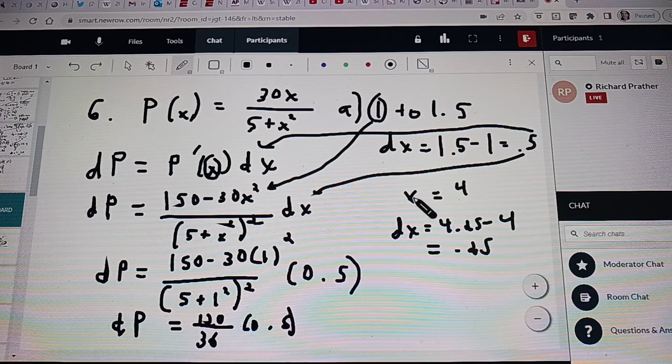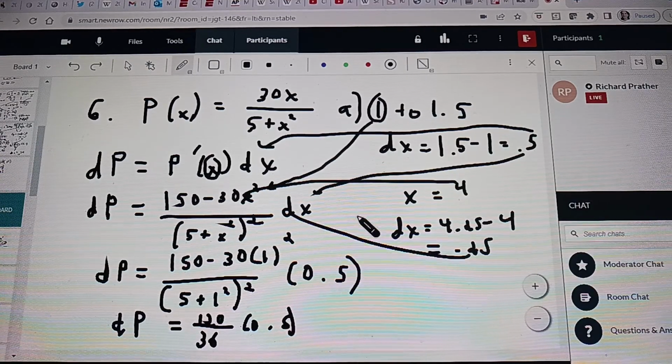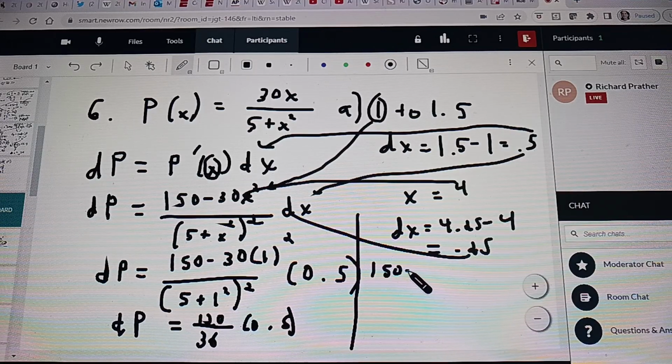So if we start when x is 4 hours and then we wait a quarter of an hour later, how much has it changed from that point? So now you plug 4 in for all the x's and you plug 0.25 in for dx. So 150 minus 30 times 4 squared over 5 plus 4 squared, and then times your 0.25.